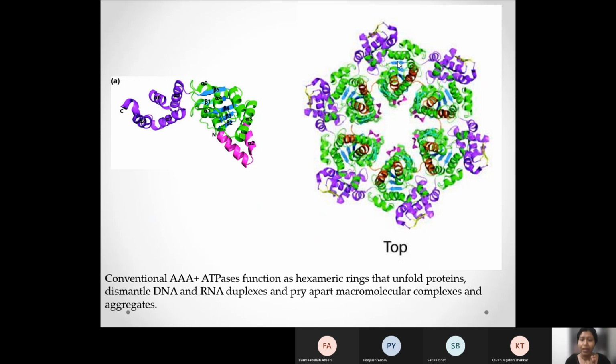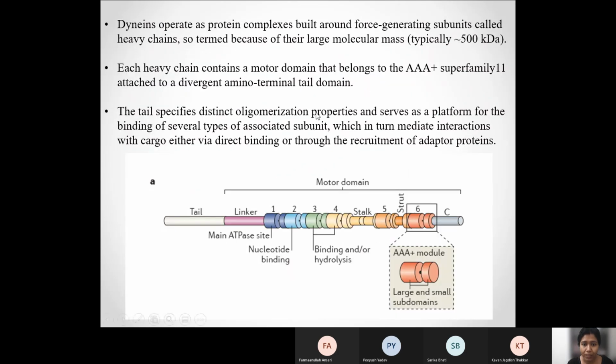So in reality, we do see that each of these subdomains of dynein has an ATP binding activity, but not all subdomains are equally responsible for ATP hydrolysis. So this is one difference between AAA ATPases and dynein. In the end, you do see that there are these distinct subdomains. 6 of them come together to form that ring-like structure.